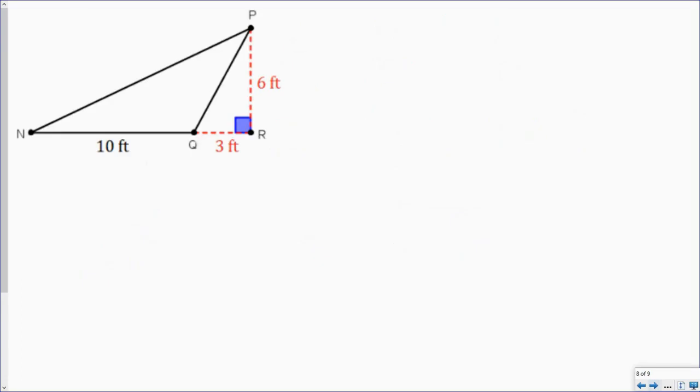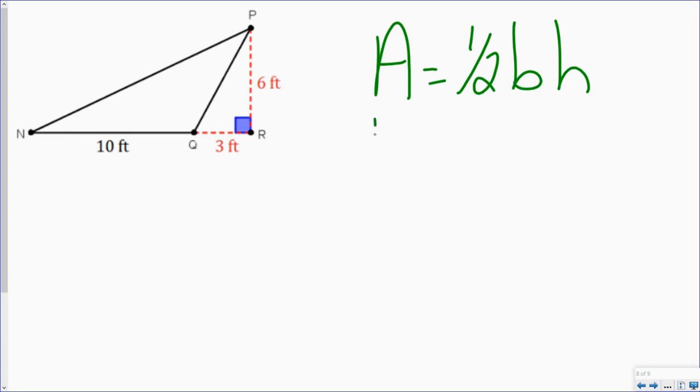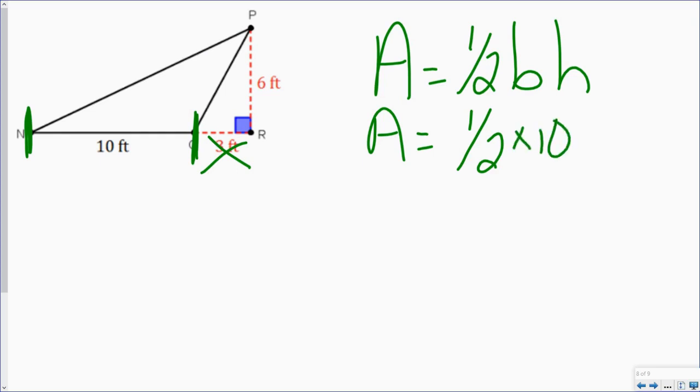Next one here, I have again area equals 1/2 base times height. Area equals 1/2. Well, the base of my triangle, remember, goes from right here to right here. I'm not worried about that part. So it'd be multiplied by 10 and then multiplied by the height.